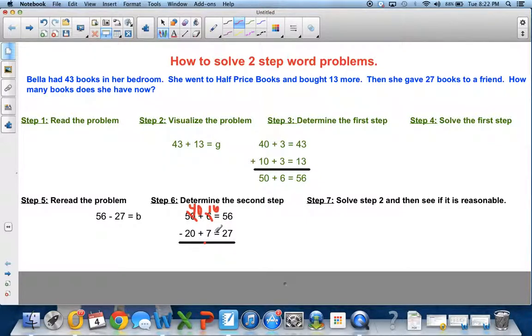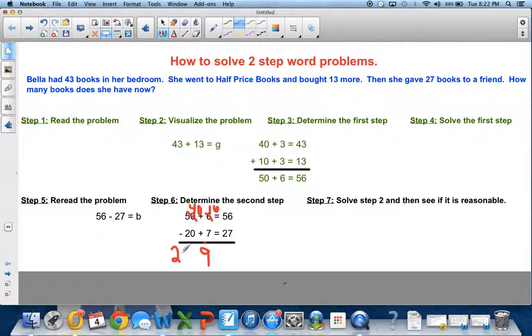16 take away 7. Well, I know 16 take away 6 is 10. Take away 1 more to get me at 7. And now we're at 9. And now we come up here and we're at 40 because we took that 10 and put it over here in the ones column. So we have 40 minus 20 is 20.